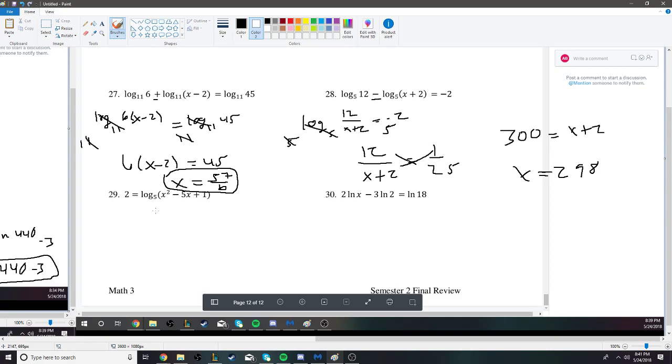We need to raise both sides to the power of 5, or base both sides of 5, so that's 25 equals, log cancels, x squared minus 5x plus 1. Subtract 25 on both sides, and we get 0 is equal to x squared minus 5x minus 24.